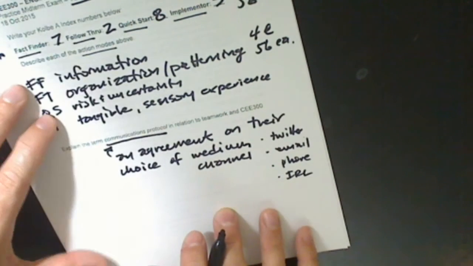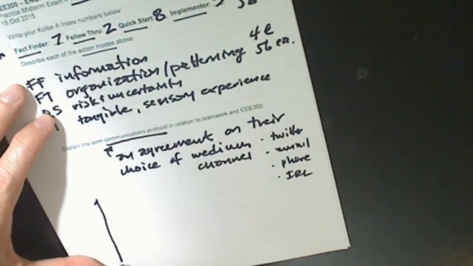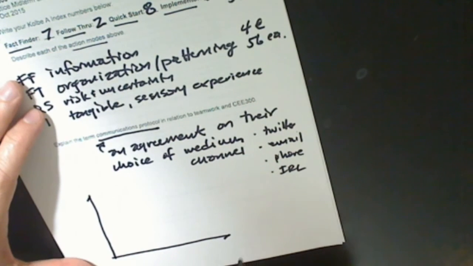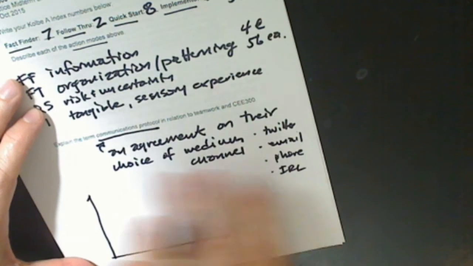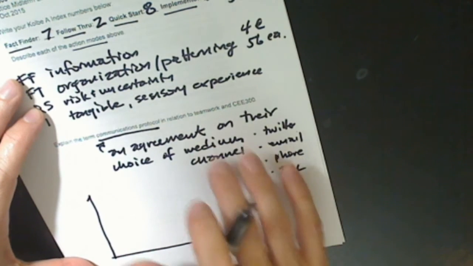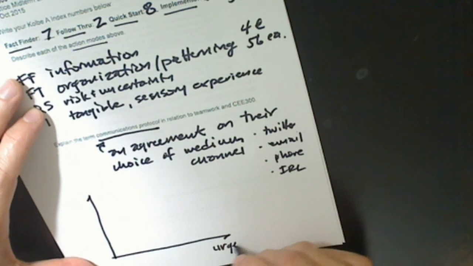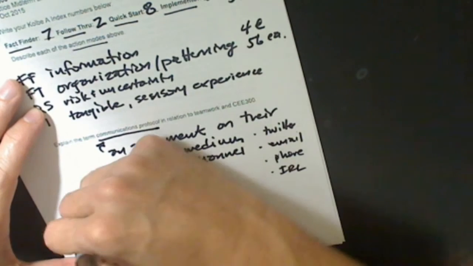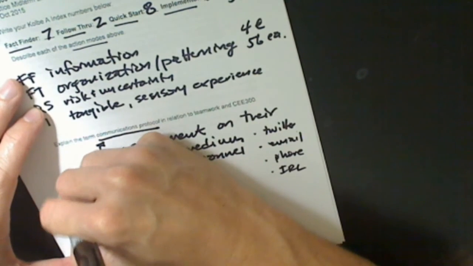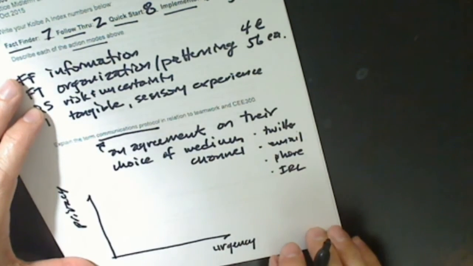In particular, we have an explicit communications protocol in CE300 that gives us guidance on which medium or channel to select based upon the urgency and privacy of the communication.